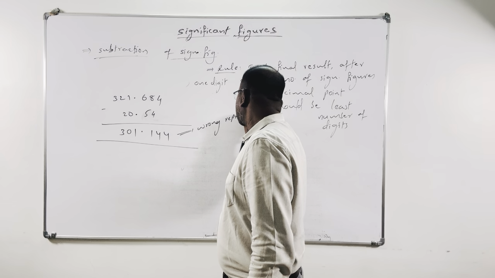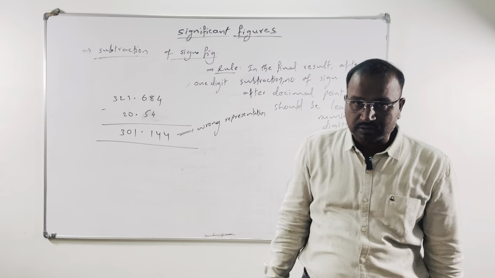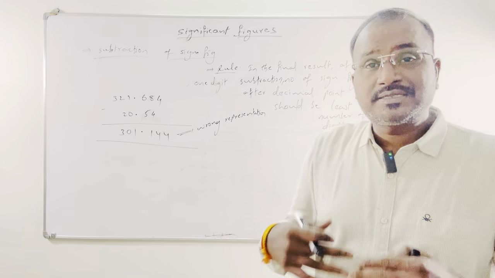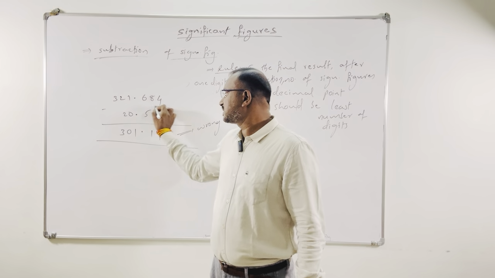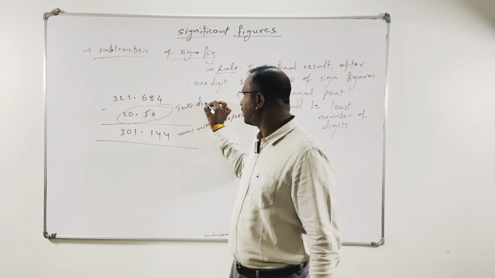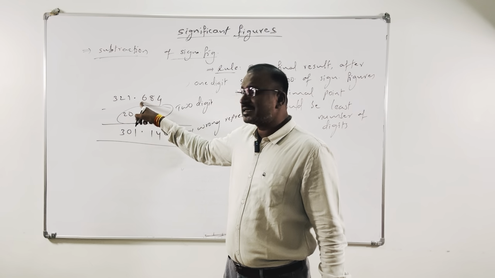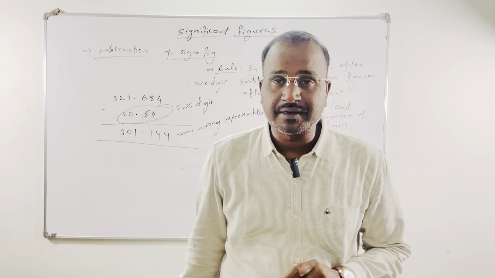This is a wrong representation according to significant figures rules. What is the correct answer? In these two values, one has 3 digits after the decimal point, and this one has 2 digits after the decimal point.